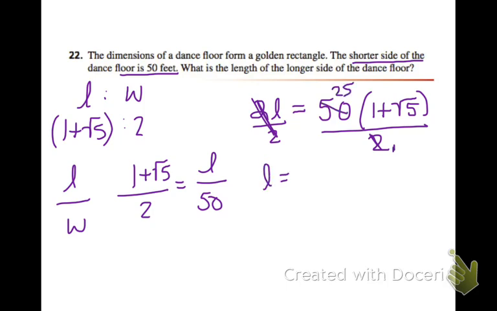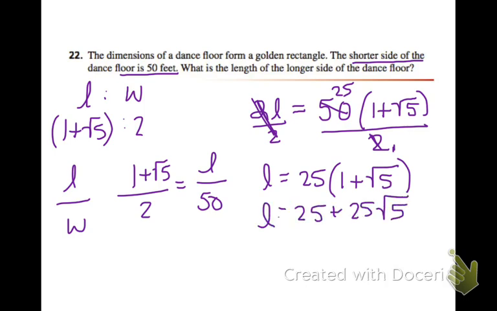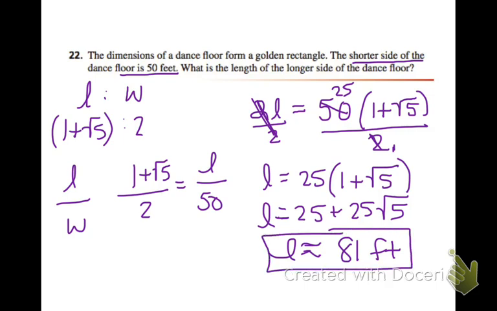So L would be equal to 25 times the golden ratio length. That's going to be equal to 25 plus 25 times the square root of 5, which should give you a length of approximately 81 feet. So double check that you can get that math to work out when you're multiplying and approximate it to 81 feet.